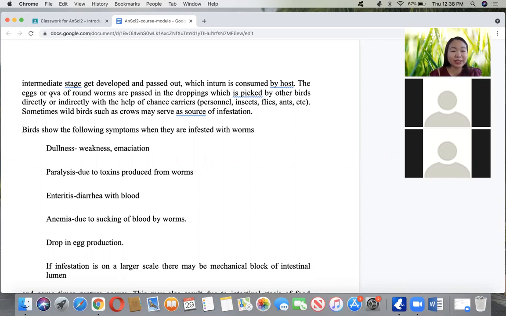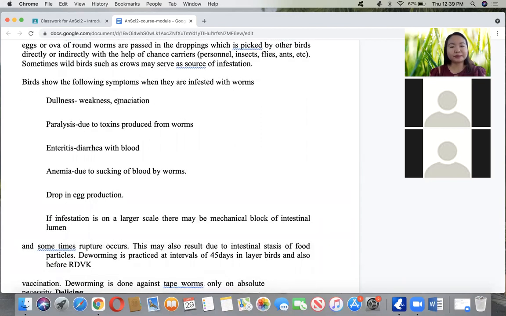That's why it's really very important to cook our food. And the eggs or oval roundworms are passed into droppings which are picked up by other birds directly or indirectly. So with the help of chance carriers like personnel, insects, lice, ants, and others, this can also disseminate. Sometimes wild birds such as crows may also be a source of infestation.